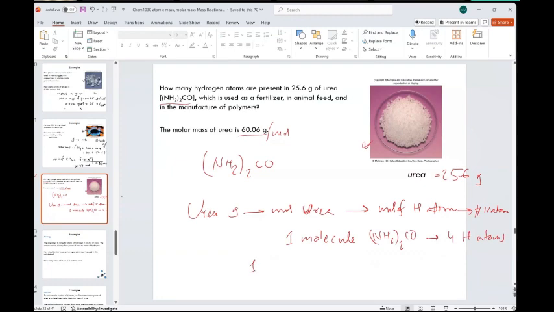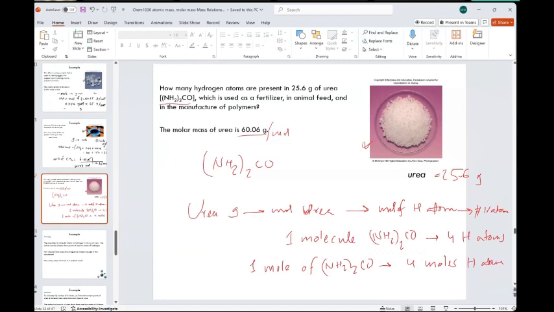When I say 1 mole of the same NH2CO, I am writing the same amount of atoms, right?